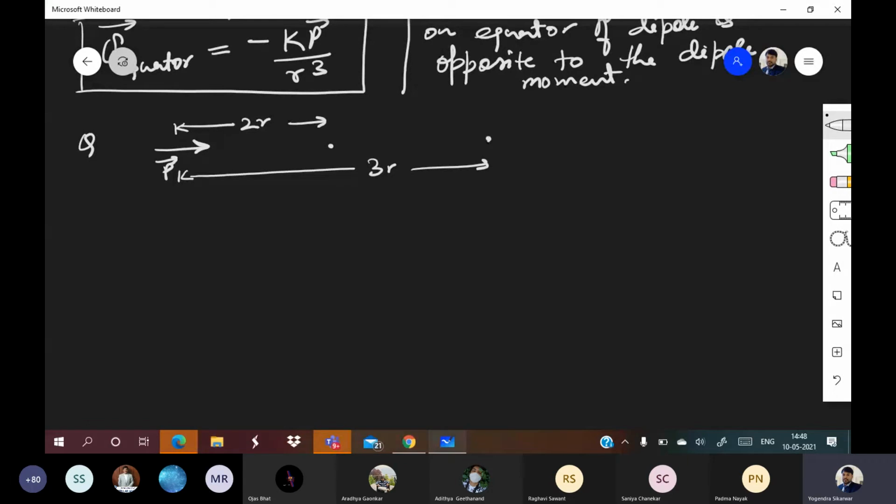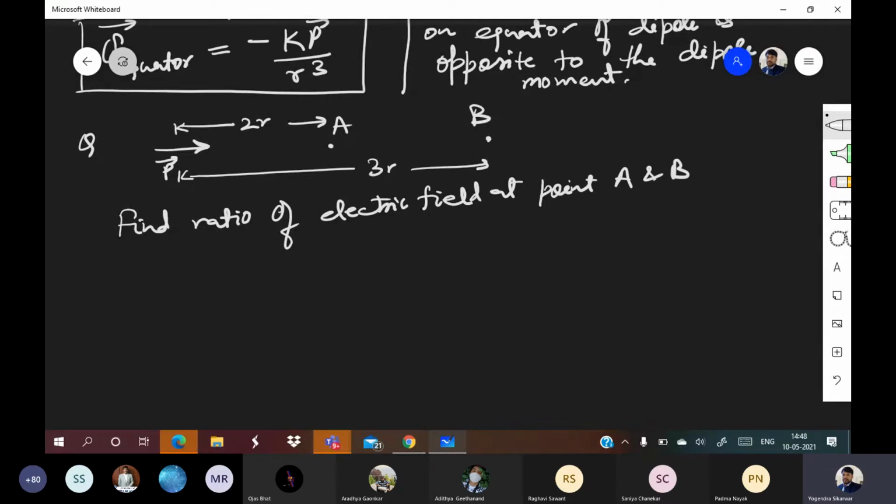So this point is A and this point is B. Find the ratio of electric field at point A and B due to dipole.